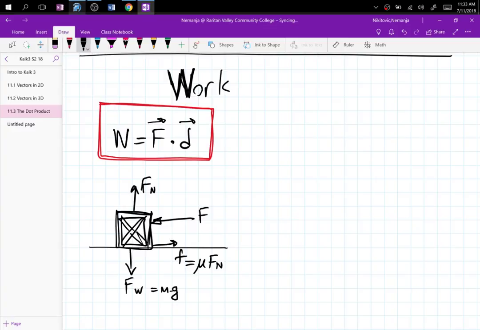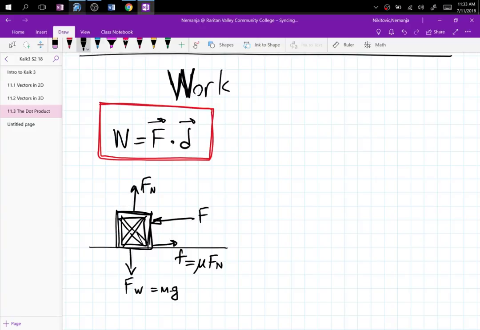Which means that if I have to push an object that is lower than me, then I would probably have to go down, because I want to push straight, parallel to the surface. All of the force of the push would be going into propelling the object forward.